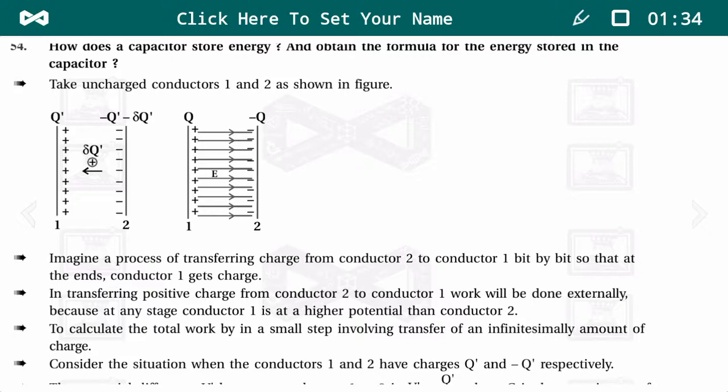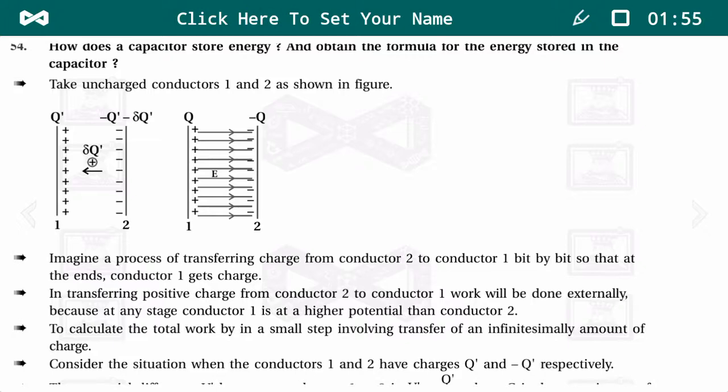That means from conductor 2 to conductor 1. That means positive charges are moving from the negative charge plate to the positive charge plate.